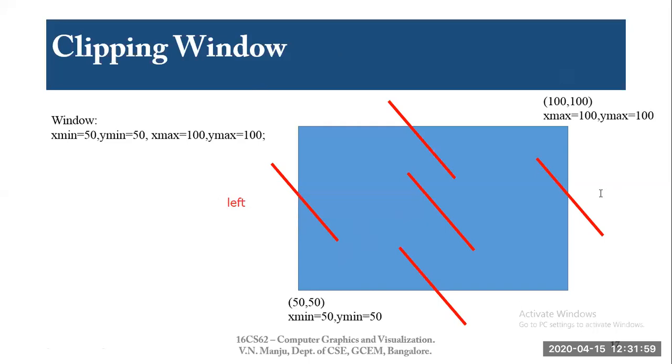This is left. What is this? This is right. What is this? This is top. What is this? This is bottom. So now we can understand how to find that.